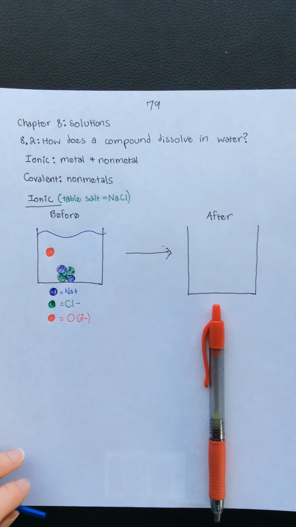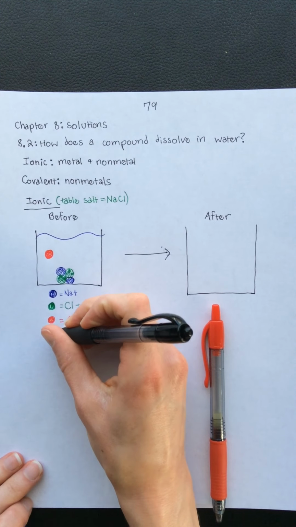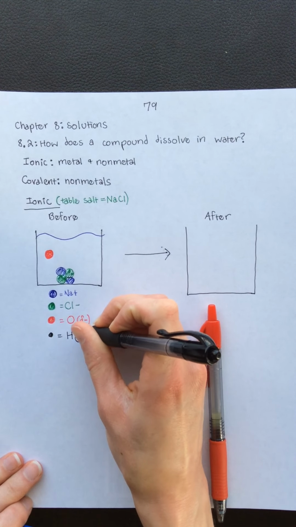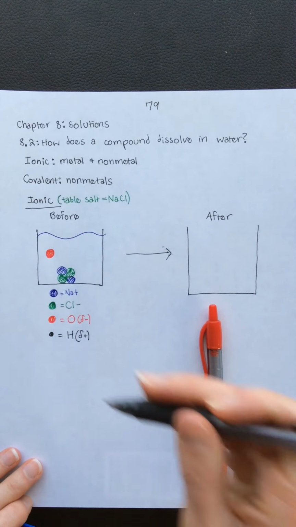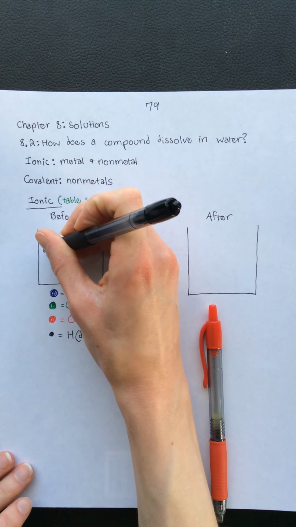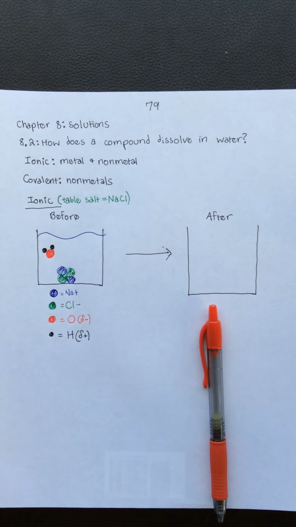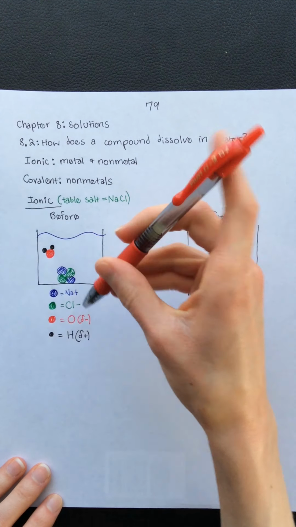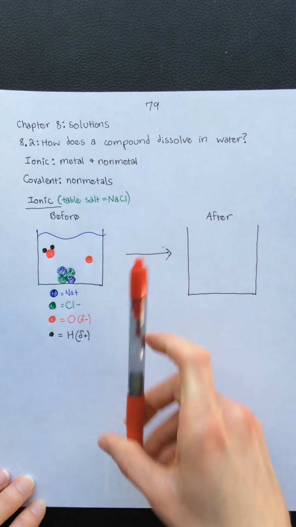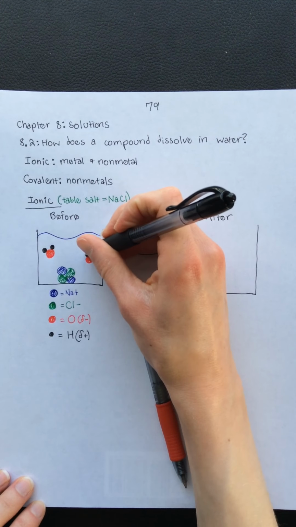Our hydrogen in our water actually has a partial positive charge. That just means it doesn't have a full positive charge, but it's got a partial charge. So we have two water molecules here, just floating around in the water.